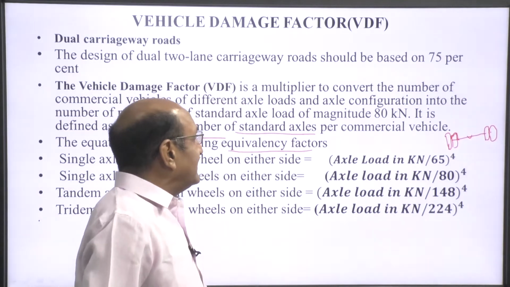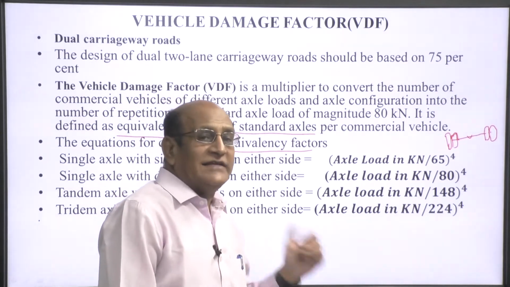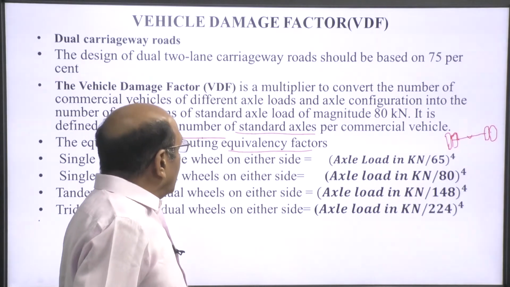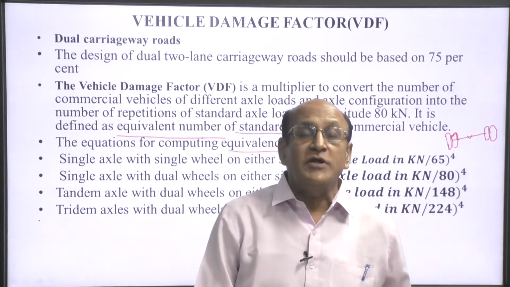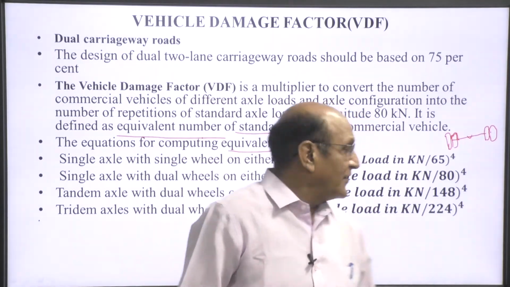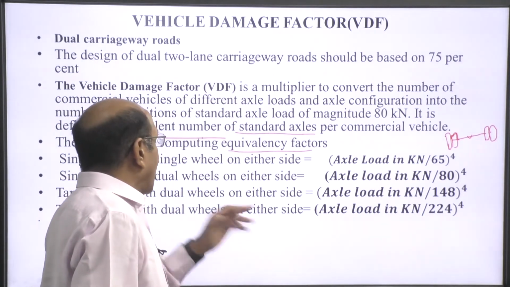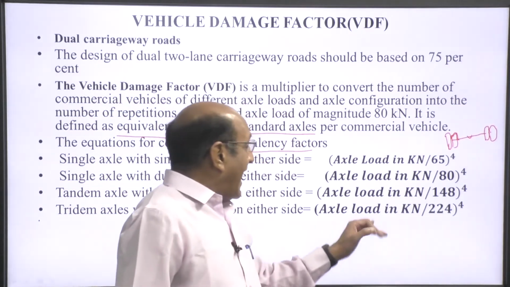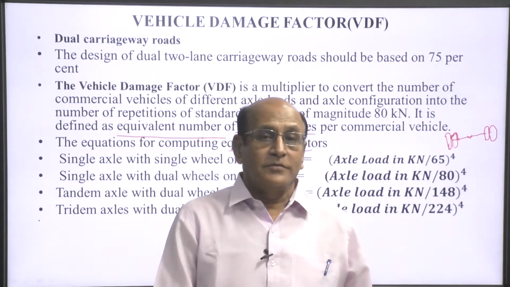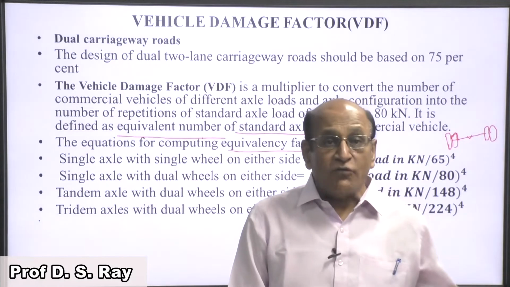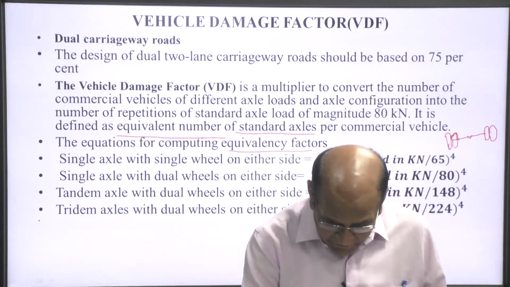Now, tandem axle means there are 2 axles having 2 wheels on either side; the equivalency factor will be axle load in kilonewton divided by 148 to the power 4. Then for the tandem axle with dual wheels on either side, axle load in kilonewton divided by 224 to the power 4. By this method we can calculate the equivalency factor for the VDF.